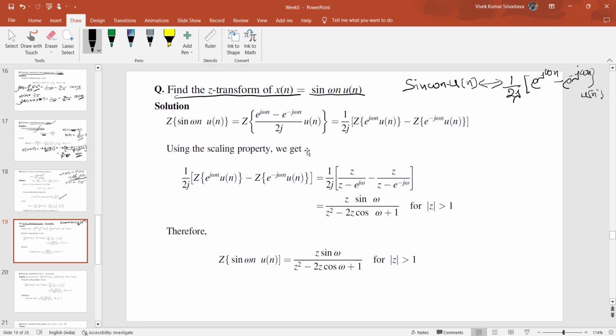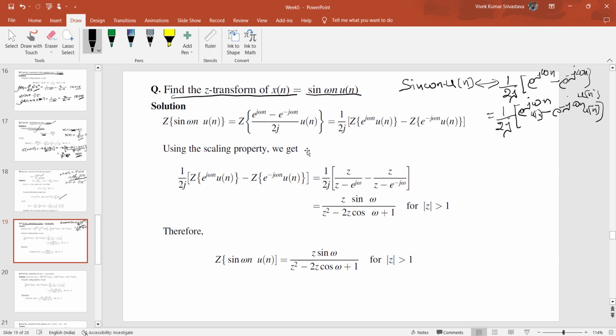Okay, so now once you evaluate this, u of n is multiplied inside this bracket, so this will be equal to e raised to the power j omega n minus e raised to the power minus j omega n, this will be u of n, this is also u of n. Okay, so this is basically a signal, and here we will use the linearity property.